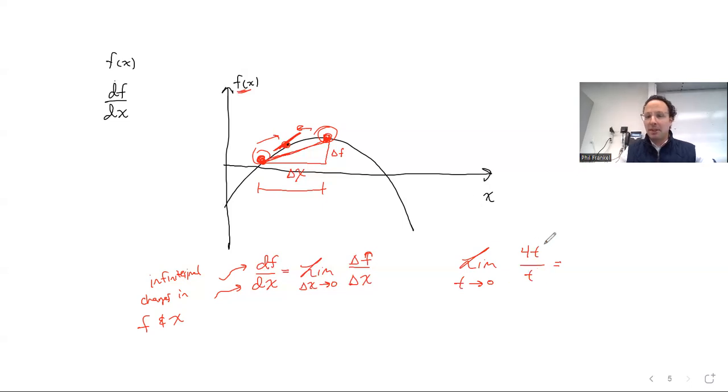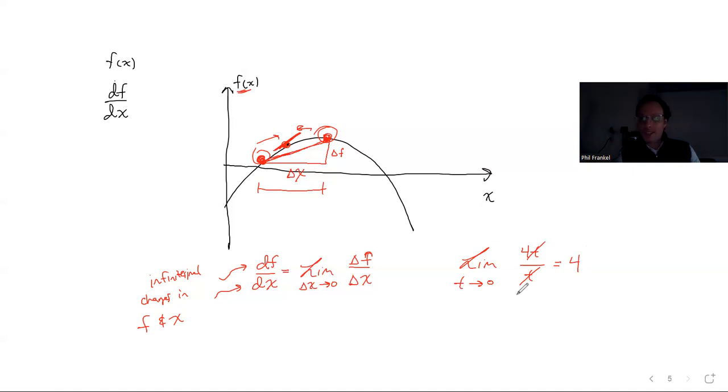It's shooting down to 0, but so is the numerator. The important thing is as the variable t shrinks down to 0, the ratio of 4t to t is just the number 4. The t kind of cancels out. So you can divide by a quantity that is approaching 0, so long as the numerator is also approaching 0 and end up with just a finite number, like the number 4. And that's what's going on in this example.